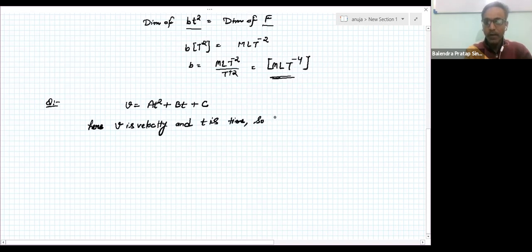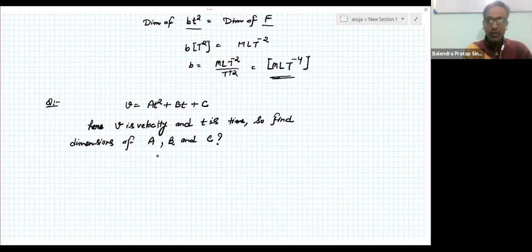Find the dimensions of A, B and C by applying the homogeneity of dimensions. So I'm again writing the equation: V is equal to AT square plus BT plus C.